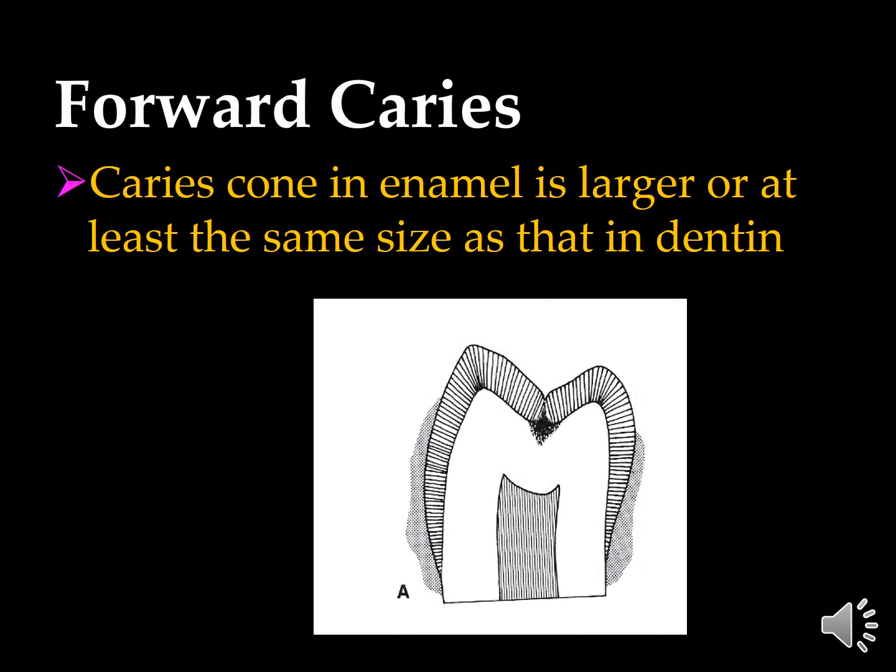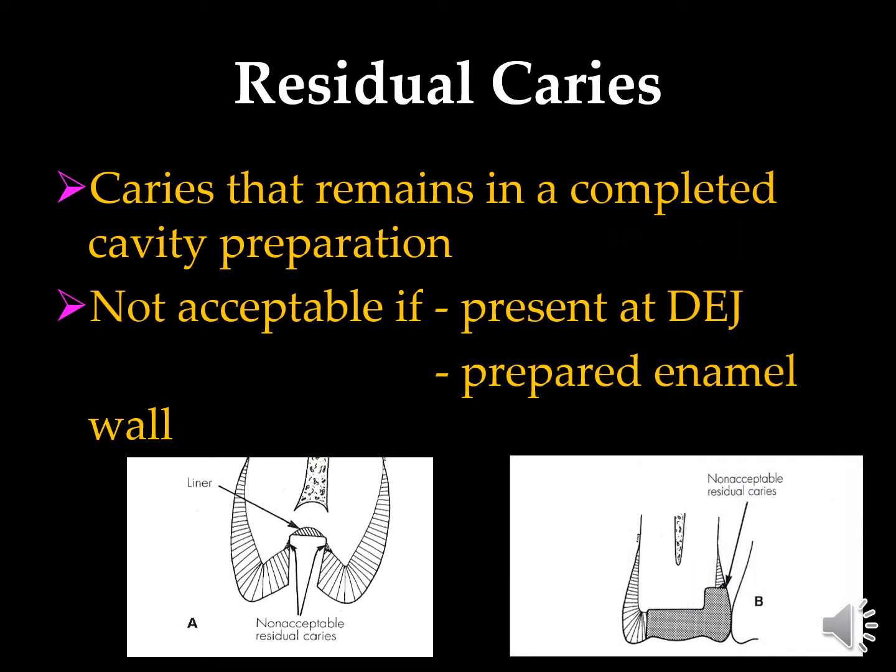Forward caries corresponds to the smooth surface carious lesion, where it has an inverted cone-shaped appearance, the base of the caries is towards the occlusal surface and the tip is towards the dentino-enamel junction.